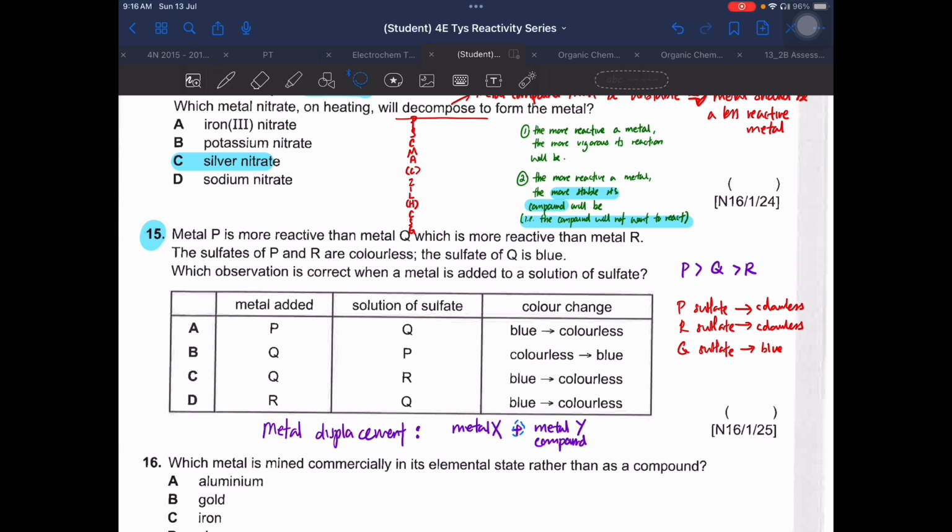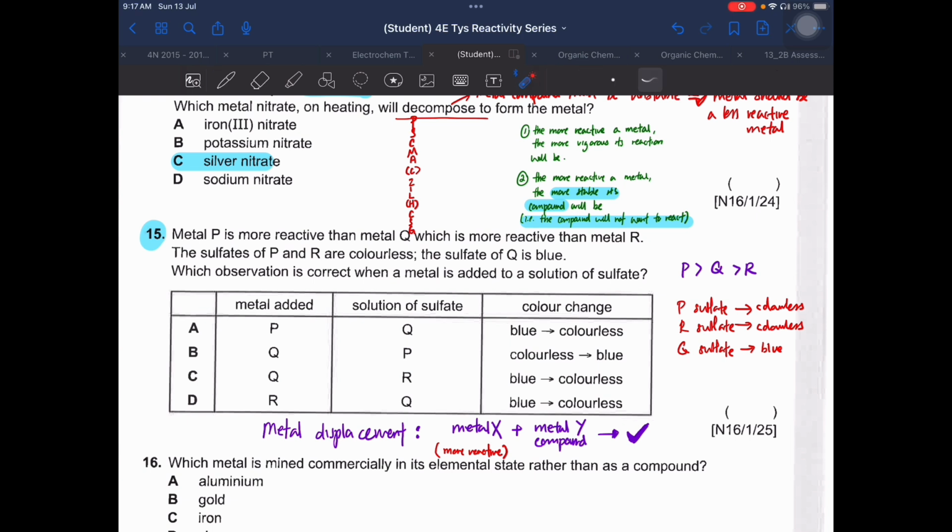If you want a reaction to happen, the metal that's solo, which in this case is metal X, the one that's not in the compound, if it's more reactive as a metal compared to metal Y, then a displacement will take place. So do take note, only if the single metal, the solo metal, in comparison to the metal in the compound, there's a difference in reactivity, that means the one that's outside by itself is more reactive, then the reaction will happen. So you must know that this is how displacement works.